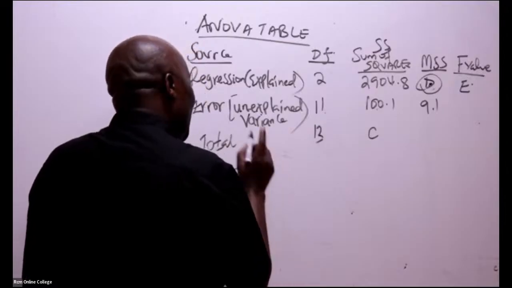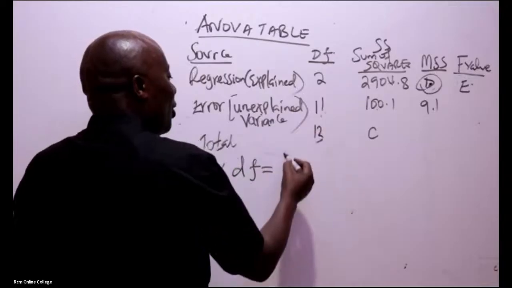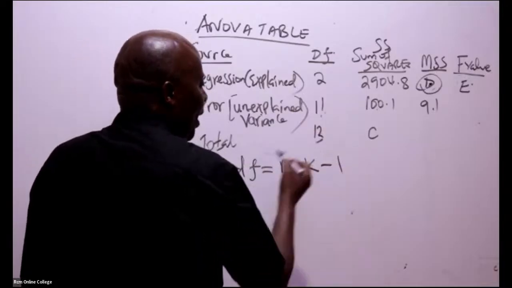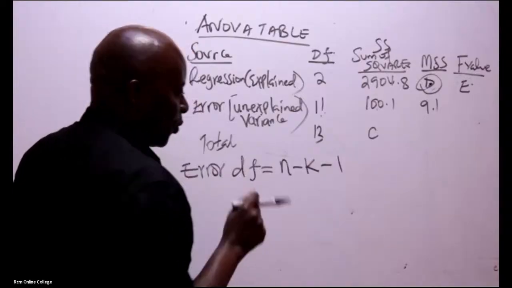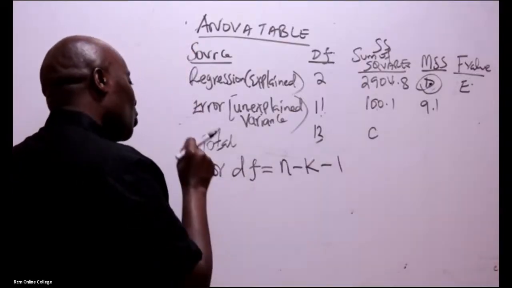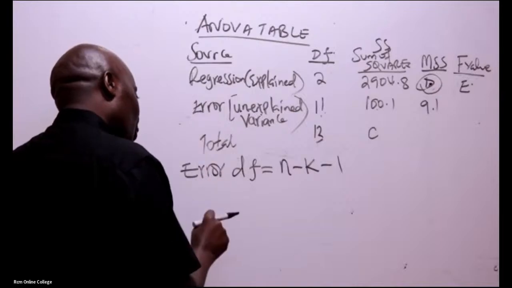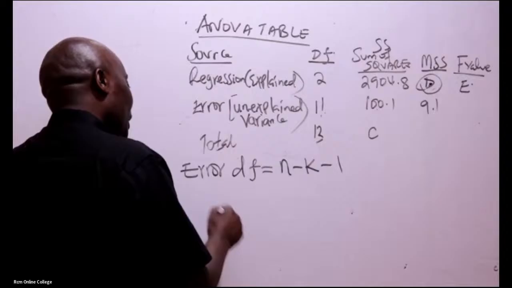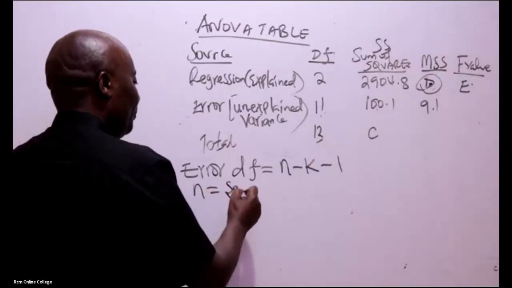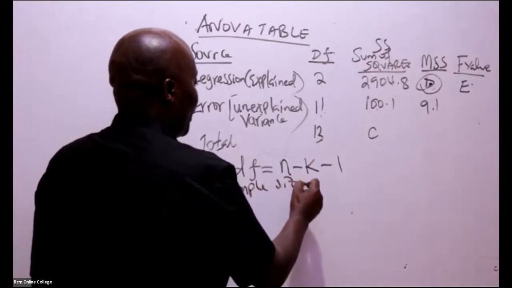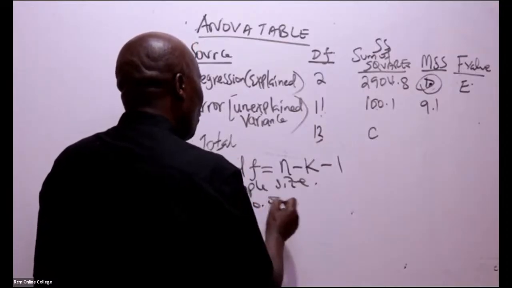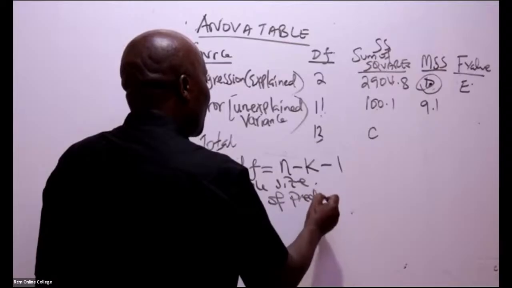To get these error degrees, which say 11, normally we take n minus k minus 1. Anytime they tell us to get error degrees of freedom, we shall be taking n minus k minus 1. N is the sample size. Then we have k, the number of predictor variables.